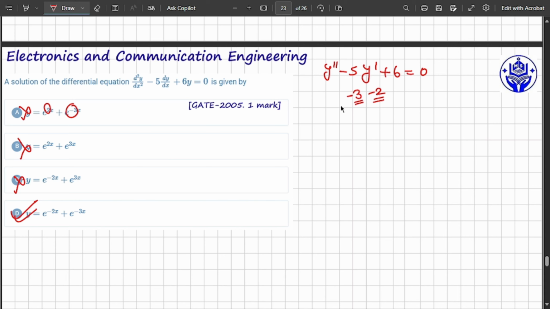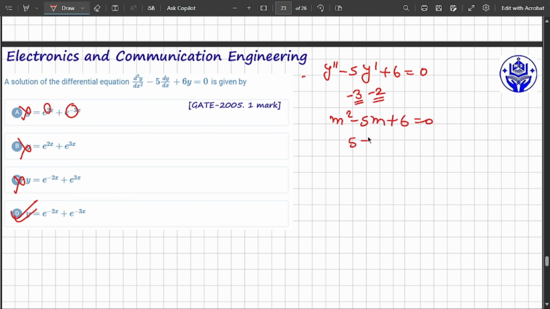No need to bother about C1 and C2. One thing: if it is minus 3 and minus 2, wait, just 3 or 2 is there. m square minus 5m plus 6 equals 0.